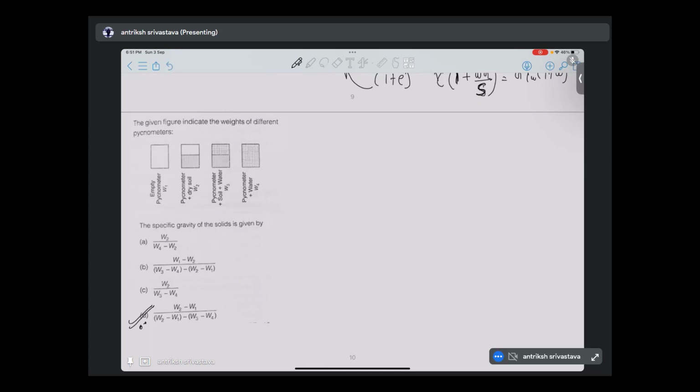So, what is specific gravity actually? Let's talk about this. Specific gravity is nothing but the weight of solid divided by the weight of water for that volume of solid.